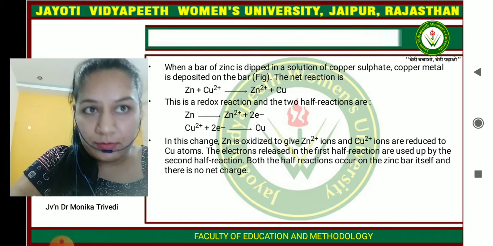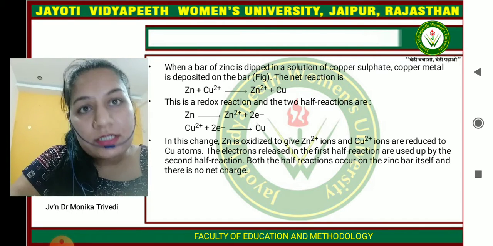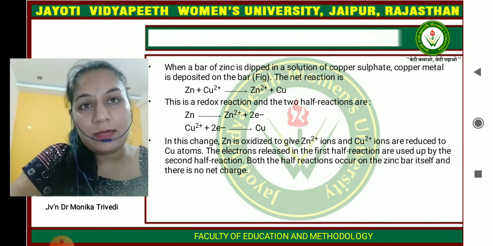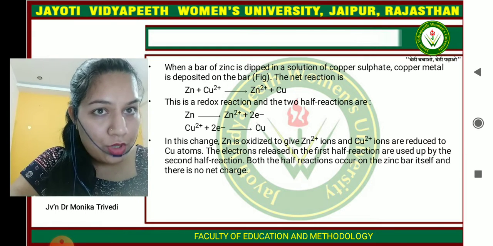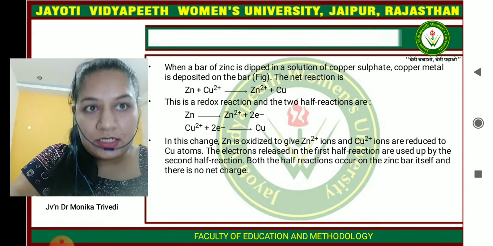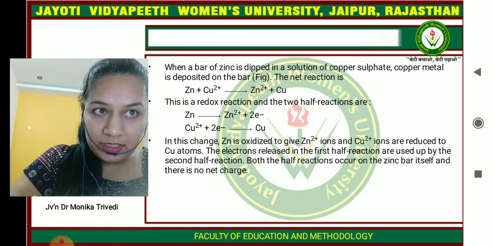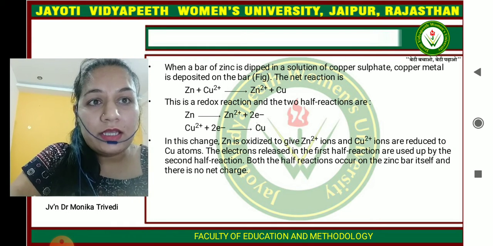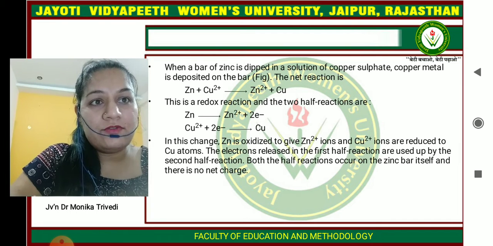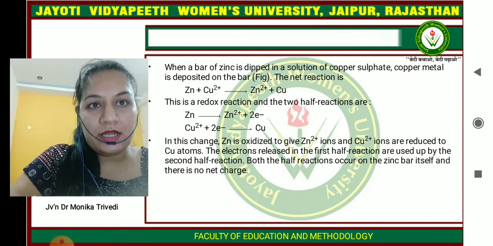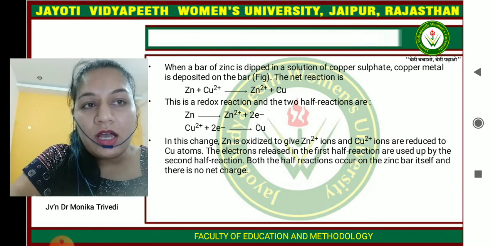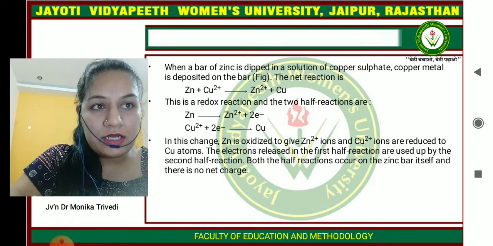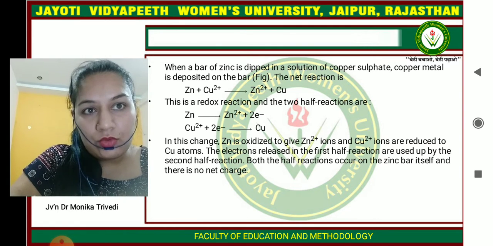The zinc by losing 2 electrons converts into Zn2+, and copper accepting 2 electrons converts into copper. In this change, Zn is oxidized to give Zn2+, and copper is reduced to give copper atom. The electrons released in the first half reaction are used up by the second half reaction. Both the half reactions occur on the zinc bar itself, and there is no net charge.